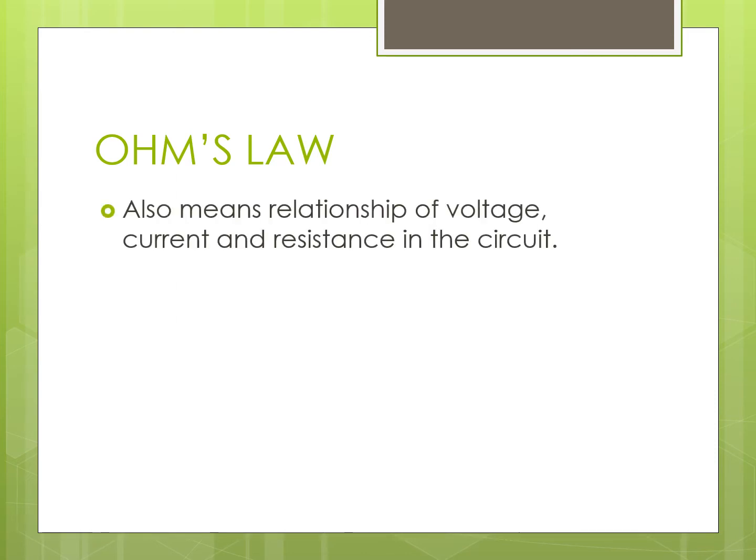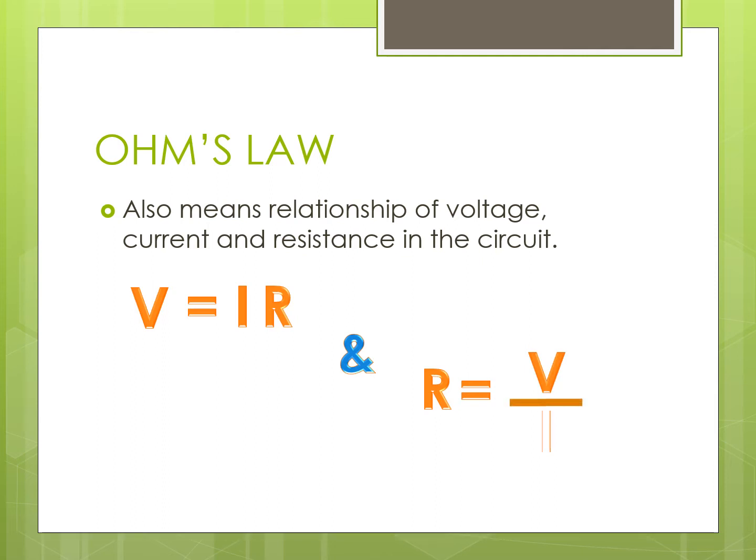So, deriving the formula from our first formula, it will give us voltage is equivalent to current times resistance, and resistance is equivalent to voltage over current.